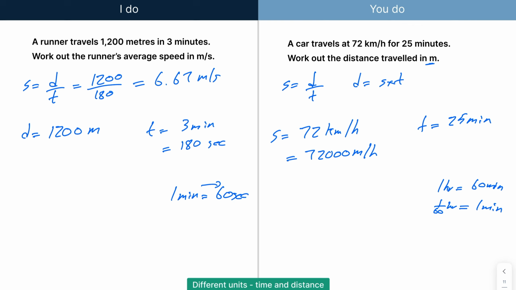And we get the answer as, we can just leave it as a fraction, 5 over 12 hours. So to go from minutes to hours, you just divide by 60. And I'll leave my answer as a fraction because otherwise it'll turn into a horrible decimal. So then I can use the formula. So 72,000 times 5 over 12.